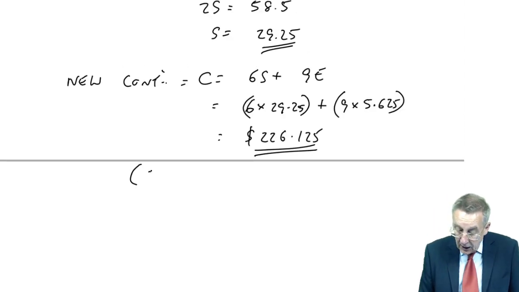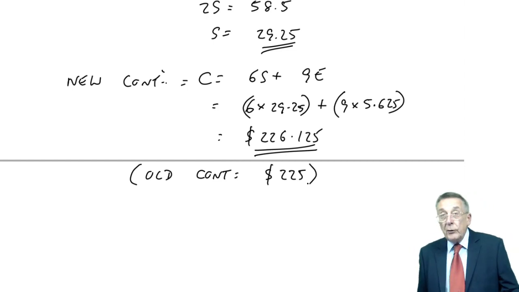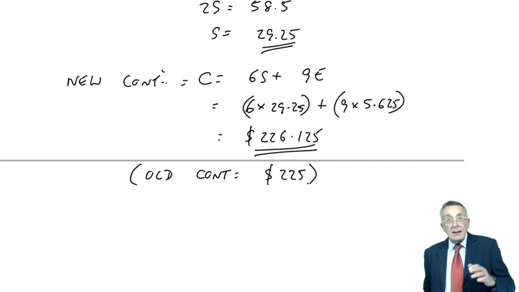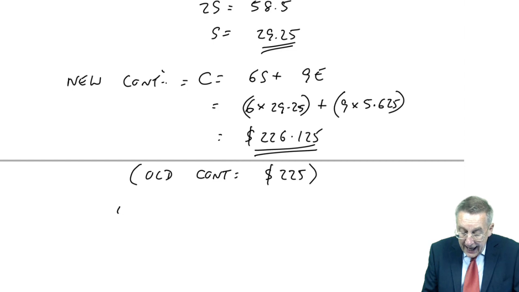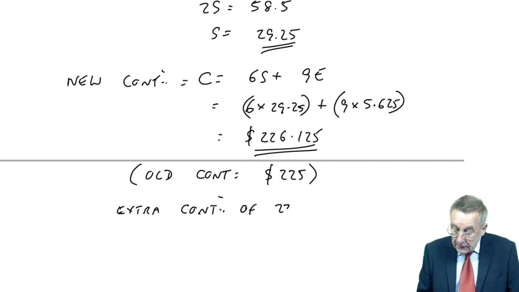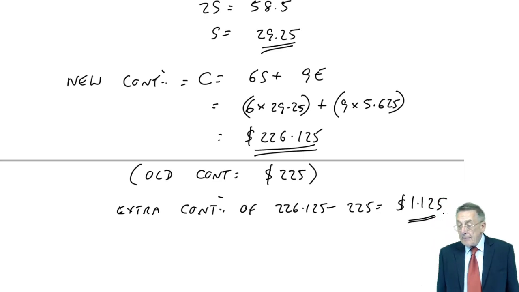With our current limit, the old contribution, I hope I'm remembering correctly, was 225. And therefore, with 1 extra kilo available, we'd get extra contribution of the difference, 226.125 minus 225, 1.125.